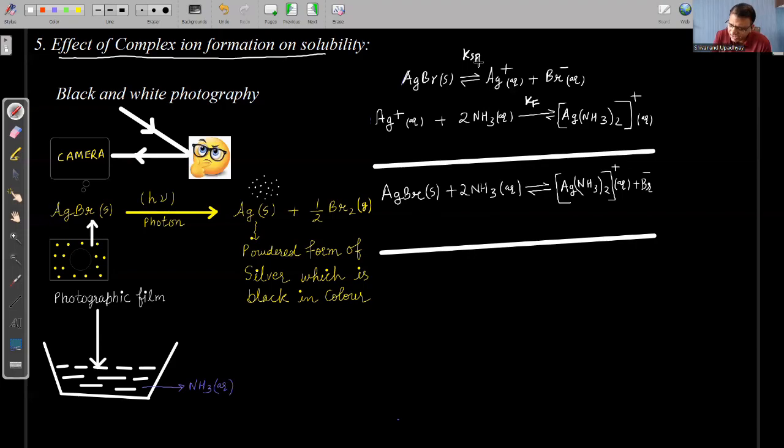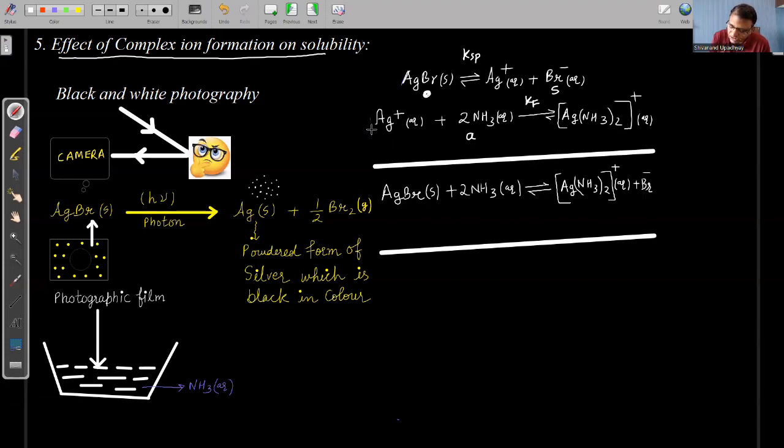So again here, if we write the things, this is solid and some part of this is going to dissolve. So here it will be S and this is S. Br minus is not participating in the reaction, so it will remain S. But since in the medium there is ammonia, its initial concentration is A. Because this equilibrium constant is very large, this reaction will go to completion in the forward direction.